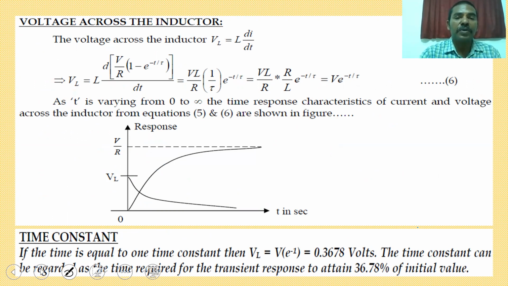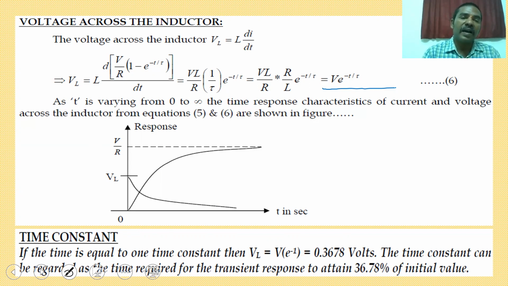By differentiating and substituting, finally you get the equation for the voltage drop across the inductor, that is V into e power minus t by tau.